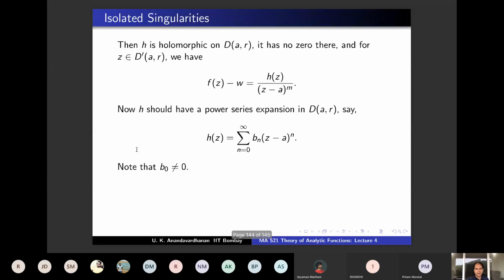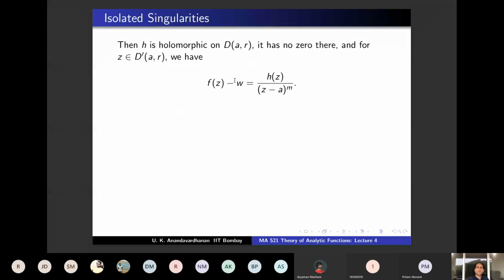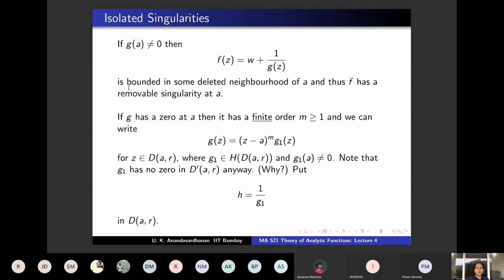So I will rewrite the slides after thinking about it after the class. So H is holomorphic on D'(A,R), it has no zero. And for Z in D'(A,R), you have F(z) minus W is H(z) by (Z minus A) power m. Now that is just coming from this: G(z) equal to (Z minus A) power m times H1(z), H equal to 1 by G1.